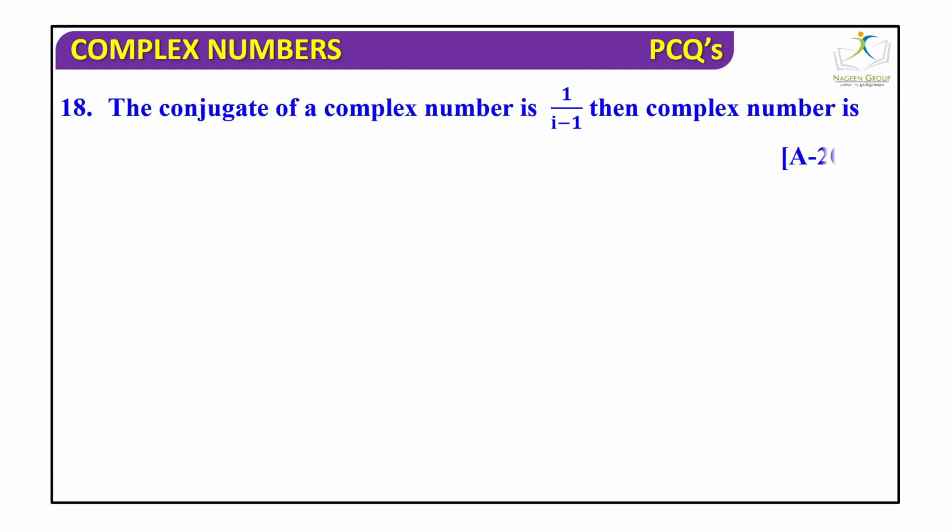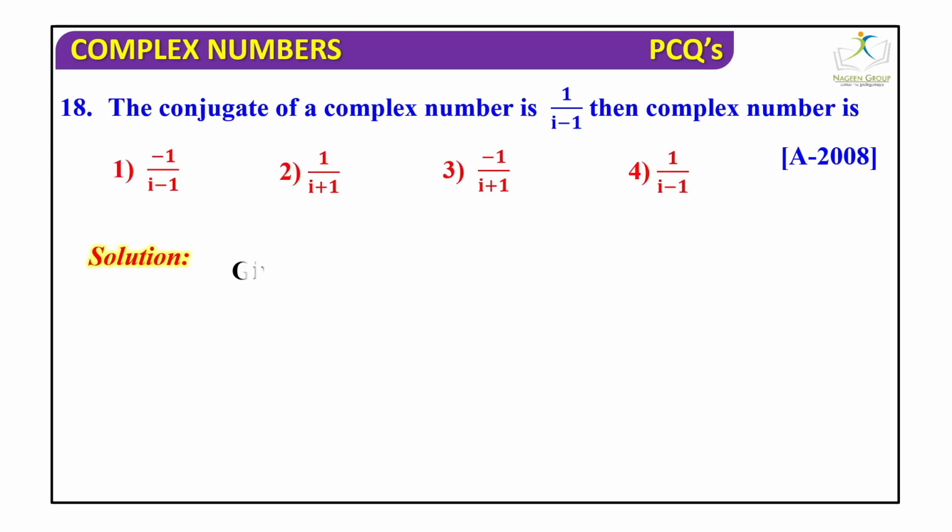The conjugate of a complex number is 1 by 1 minus iota minus 1, then the complex number is. If the conjugate is this, then you have to find the number. So here it is given conjugate equal to 1 minus iota.